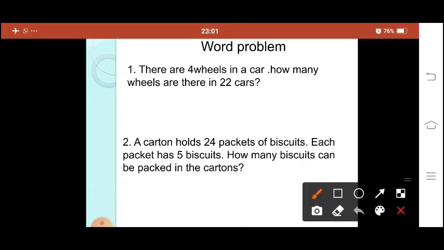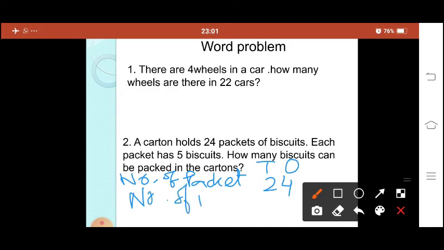So let us start from here. Number of packets, number of biscuits. Okay, 5. So total number of biscuits how many?